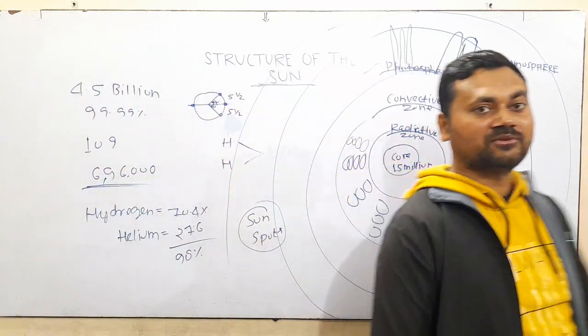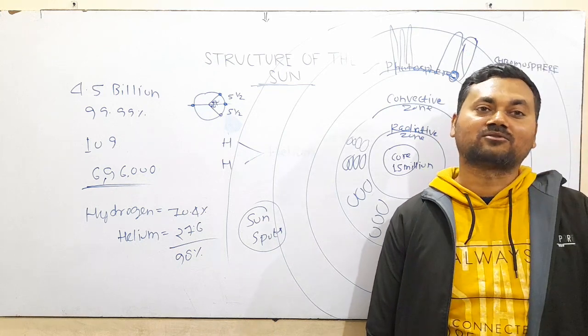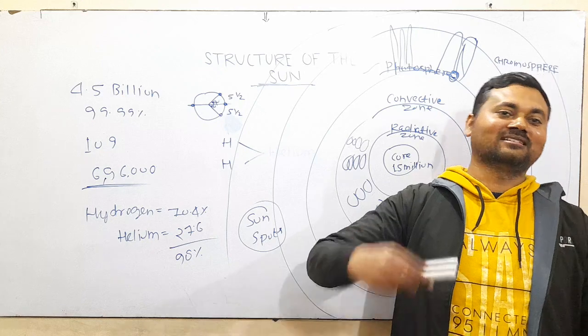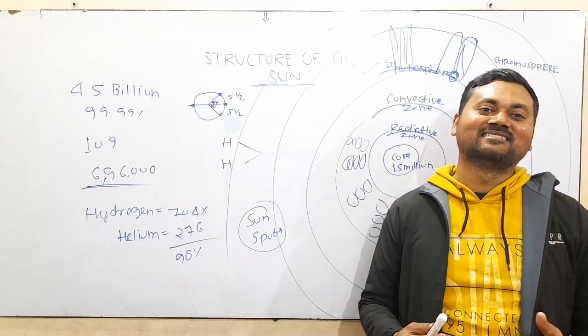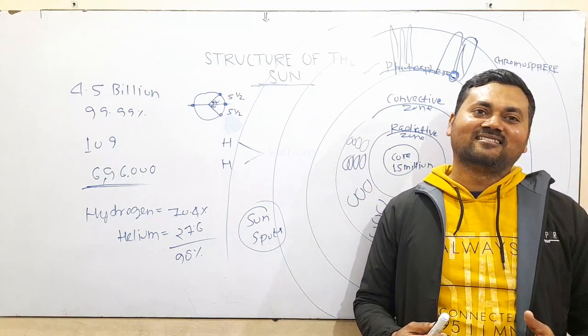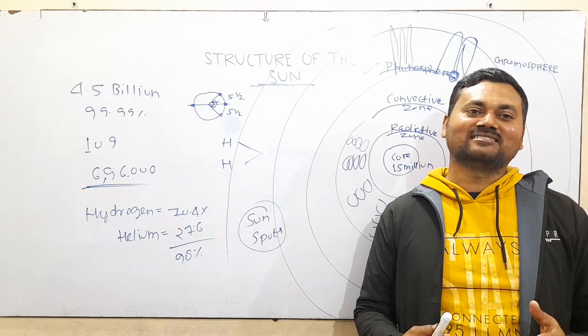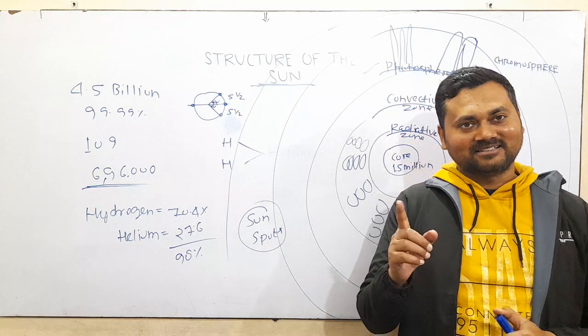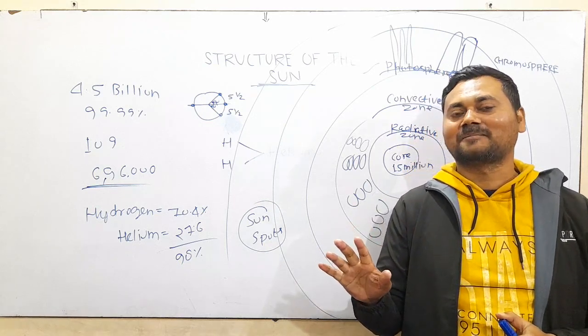No, it is not 25 years. It is 25 crore years. The earth completes one revolution in a year, in 365 days.